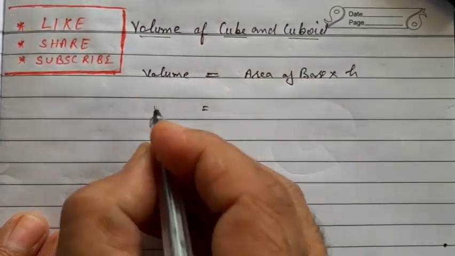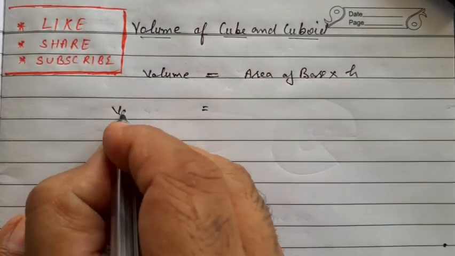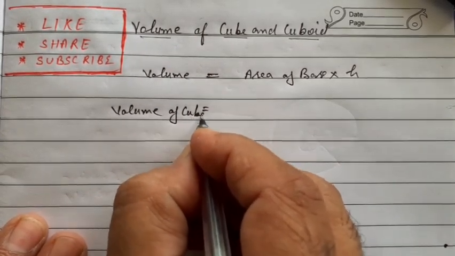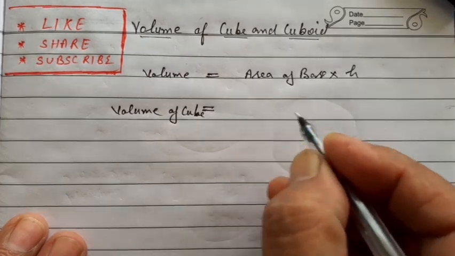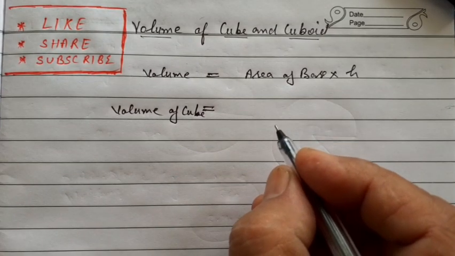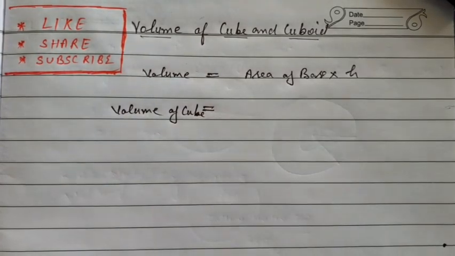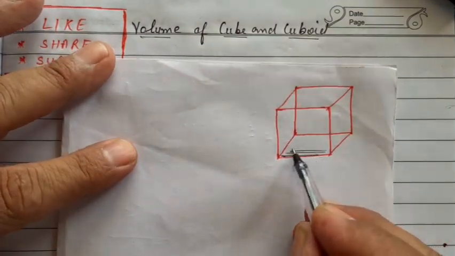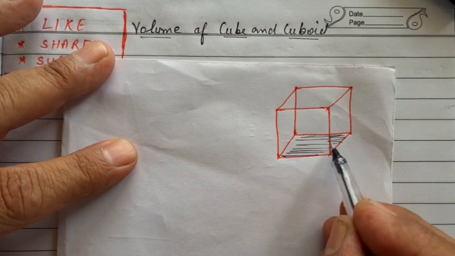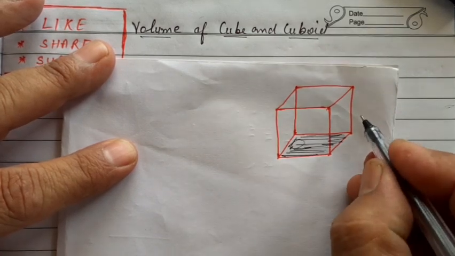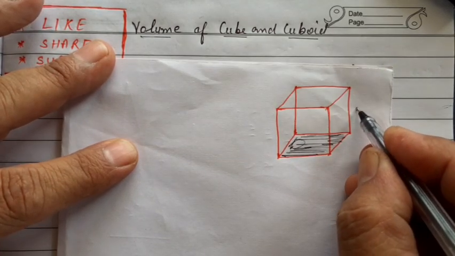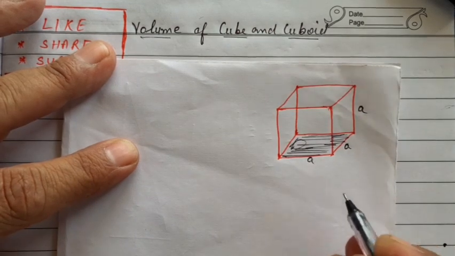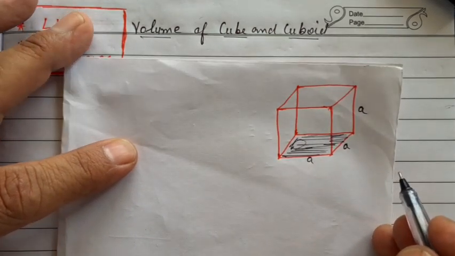So if we first talk about volume of cube, volume of cube is equal to area of base and height. Here is a cube. Here is the base, all edges are equal, so we can say that length, breadth and height all are equal.